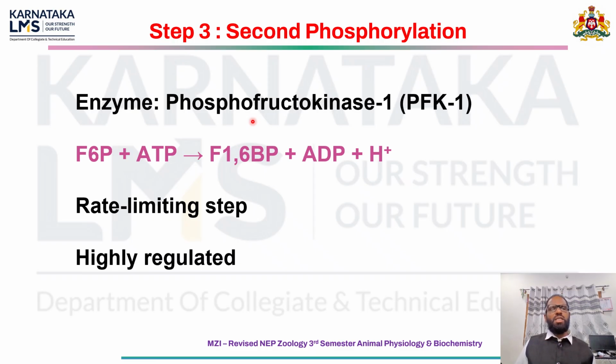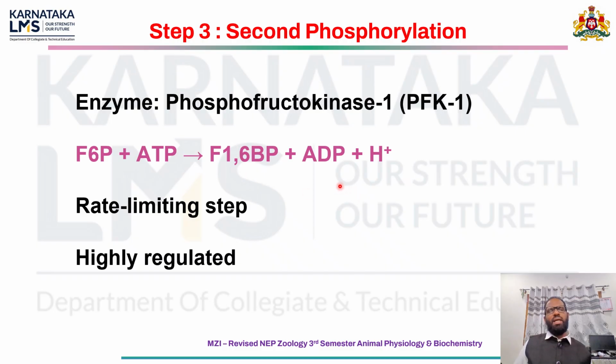This enzyme is responsible for the transfer of a phosphoryl group from ATP to the fructose. We already know that at carbon number 6 a phosphoryl group is present, so the second phosphate group is going to be added at carbon number 1. At the end of this reaction, fructose 1,6-bisphosphate is formed.